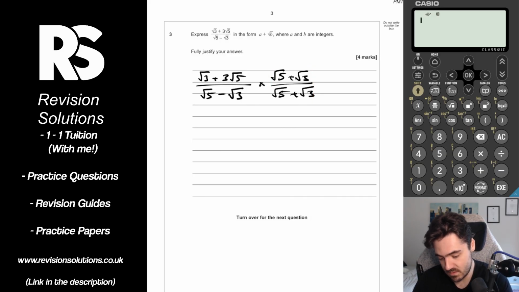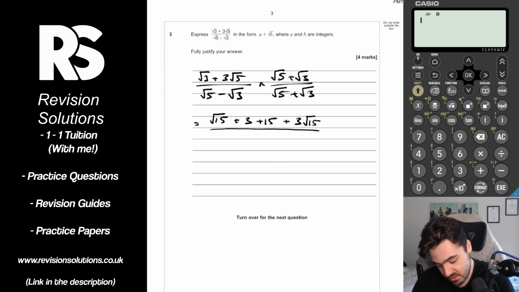So following through with our multiplication, we'll have root 3 times root 5, that's root 15. Then root 3 times root 3, that's plus 3. Then 3 root 5 times root 5, that would be 3 times 5, which is 15. And then 3 root 5 times root 3, that's plus 3 lots of root 15.